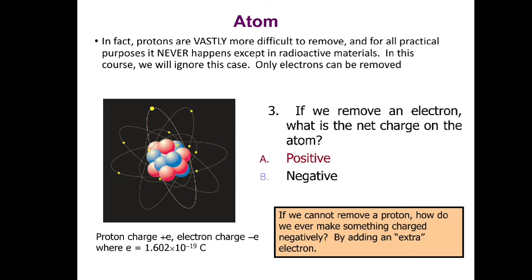Here the question comes: if we cannot remove a proton, then how can we make a body negatively charged? The answer is, if we add more electrons to that body, the atom is said to be negatively charged.